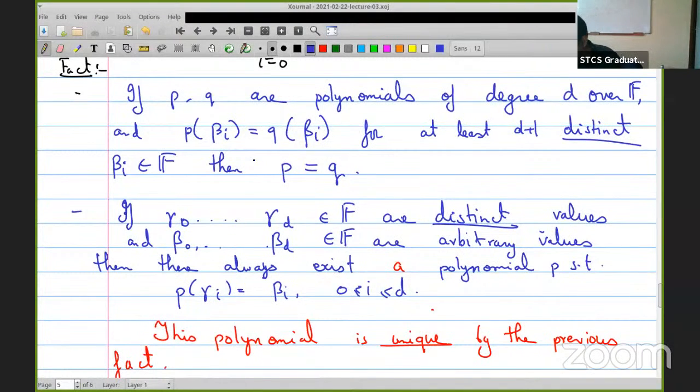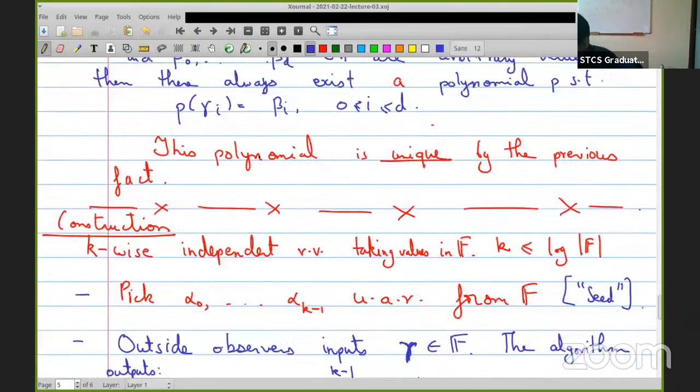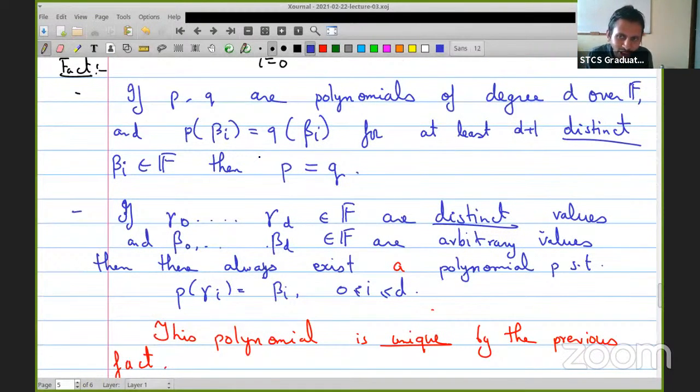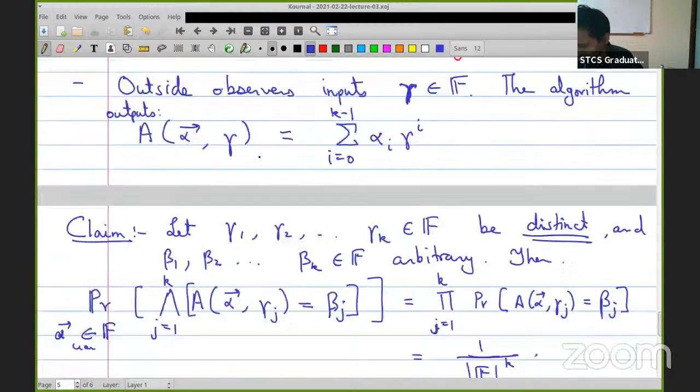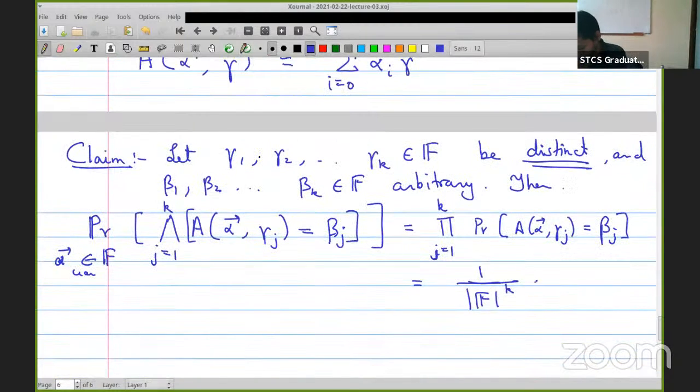The polynomial that we are considering is of degree k minus 1. There's exactly one polynomial of degree k minus 1 that on k distinct values takes some arbitrarily given k values. So just set d equal to k minus 1, and these two facts are saying that given gamma and beta, there's exactly one alpha which will satisfy that A alpha at gamma j is equal to beta j.